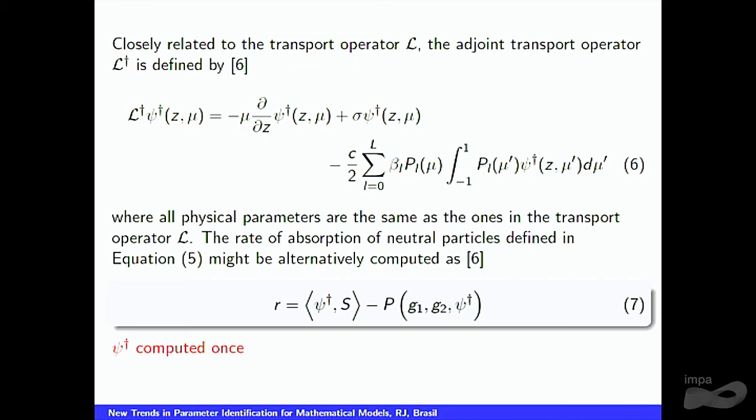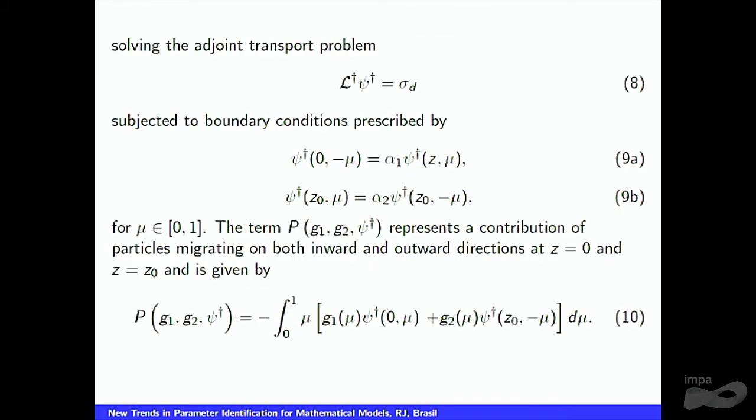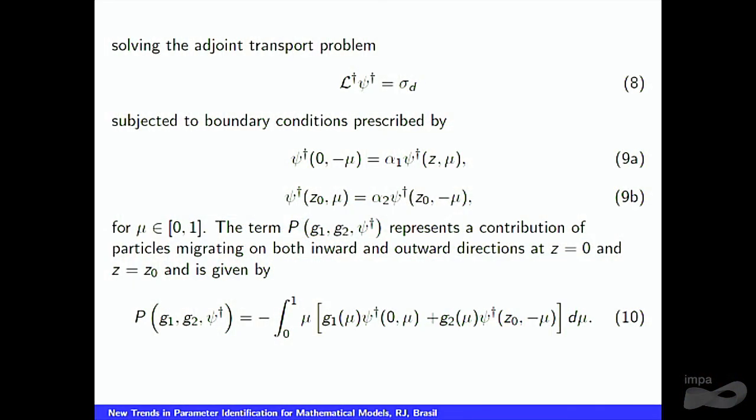So if I change the source, it's easy to get the rate of absorption. That's why we are interested in evaluating the adjoint flux. So our first goal here was to get an expression, using some analytical tools, for the adjoint flux for this one-dimensional problem.